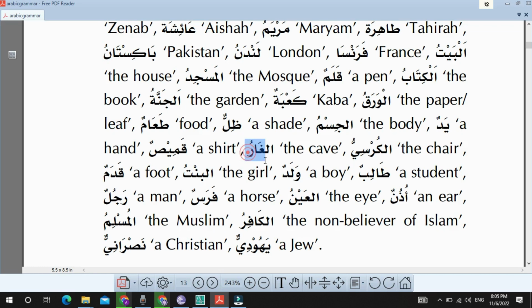Al-Ghar. This is used for the cave. The meaning of al-ghar in English is the cave. Al-Kursiyu, the chair. You know, the chair is a noun and it is used for a thing.